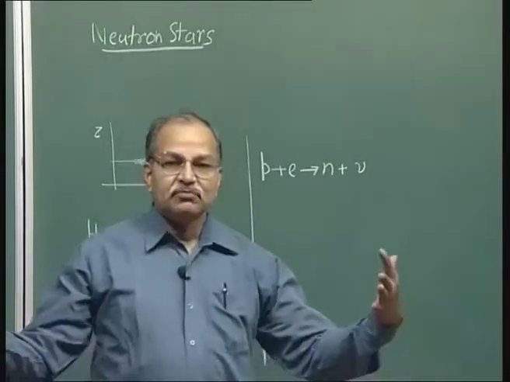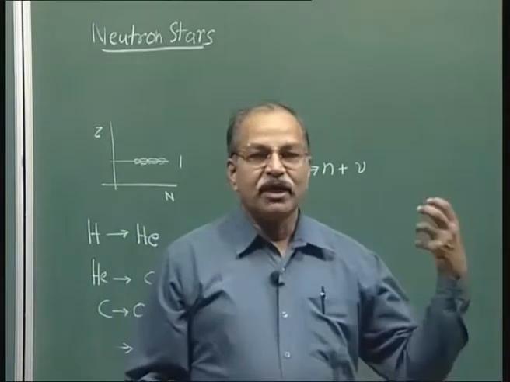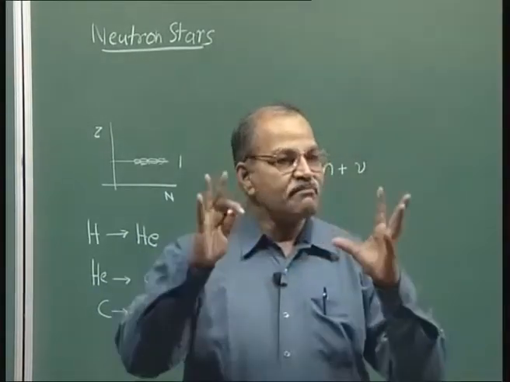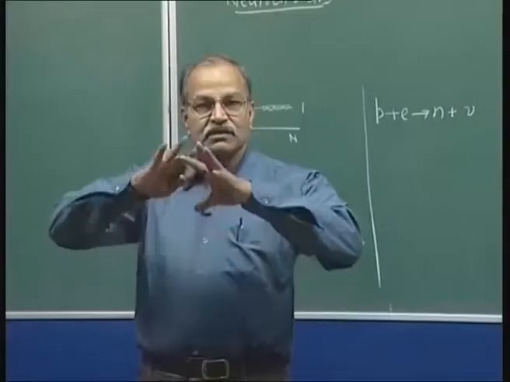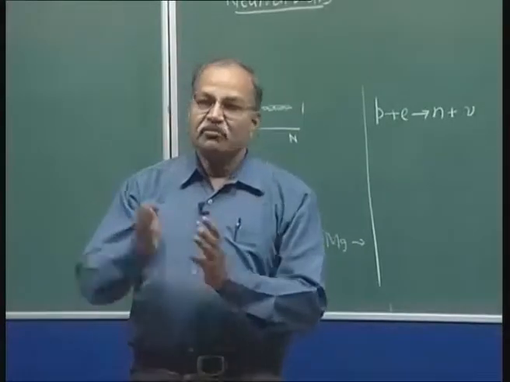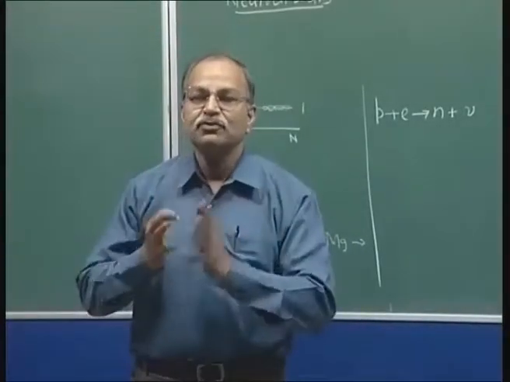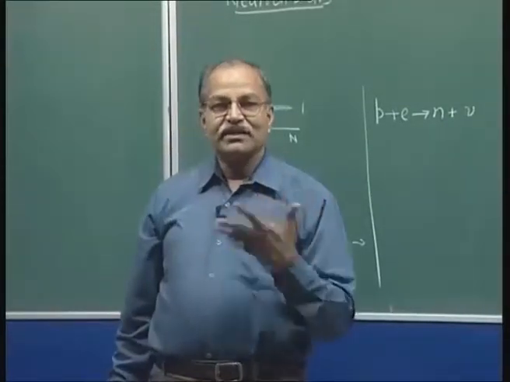So, if most of the protons are converted into neutrons by combining with electrons, then you have a star made mostly of neutrons. So, almost the entire star, barring some small surface layer, is made of neutrons, neutrons, neutrons only.